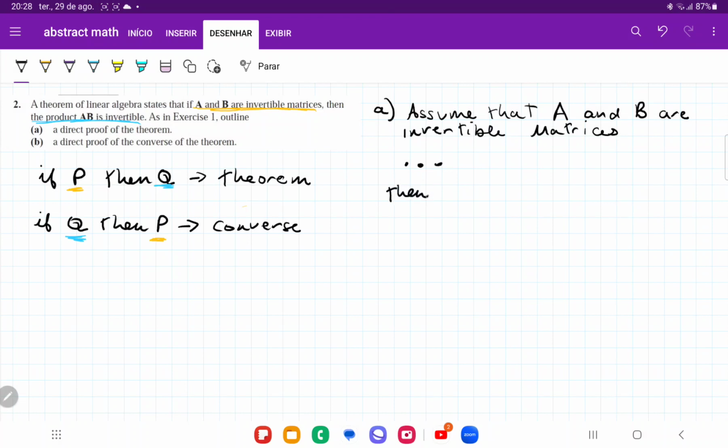So we would say, then product AB is invertible.